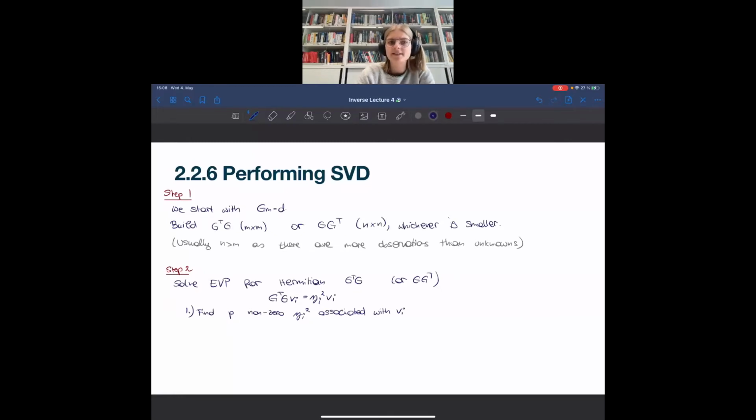So now we found these non-zero eigenvalues. Step 2. We define the singular values as the positive square root of eta i squared. And number 3, we form the matrix containing the eigenvectors and the eigenvalues, respectively singular values.